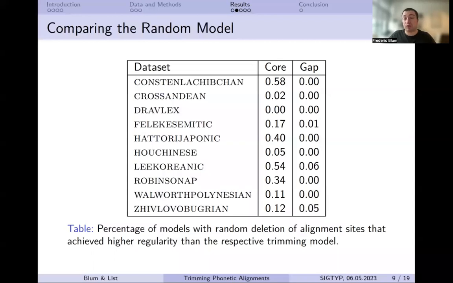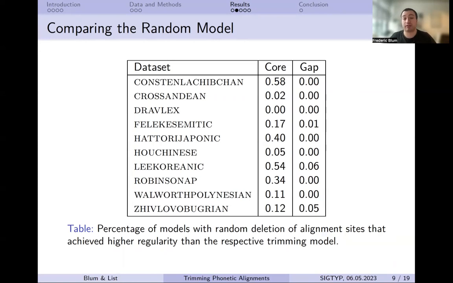As a further proof of concept, we compare the targeted trimming strategies to a random model of deleting alignment sites. For each trimming strategy, we count how many alignment sites are removed in the step and randomly delete the same amount of alignment sites in all settings, and see whether this random model actually achieves a higher regularity than our targeted trimming. And indeed, at least for the core-oriented setting, this is the case for many data sets.